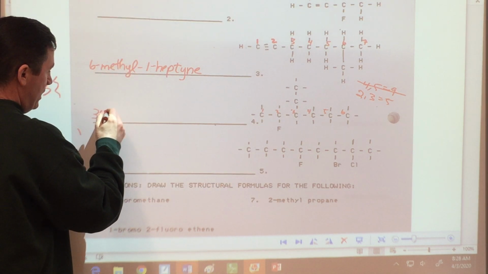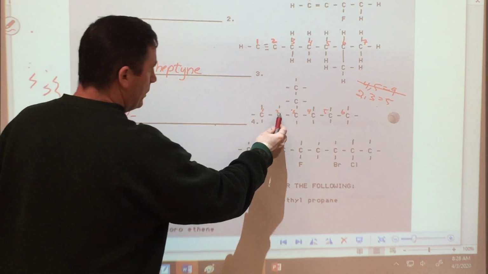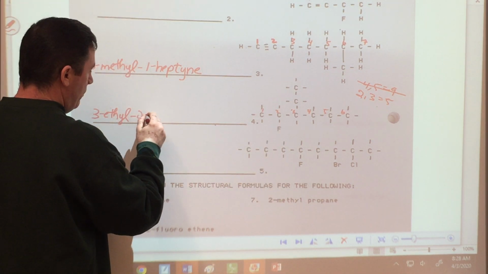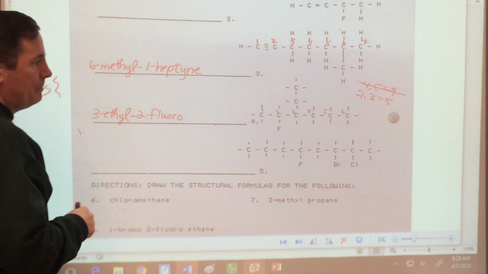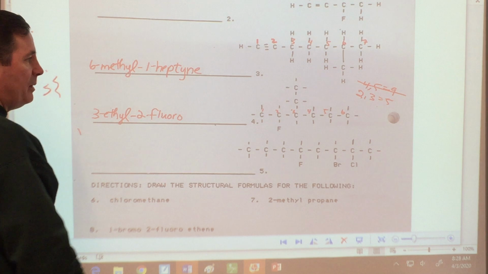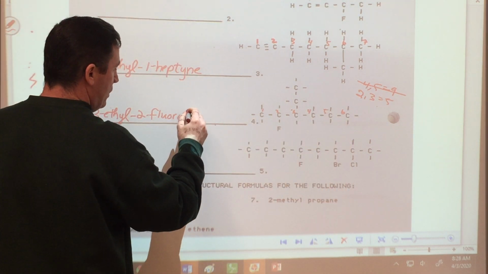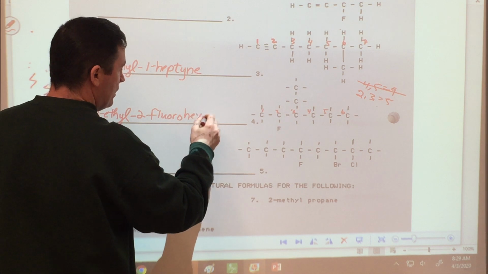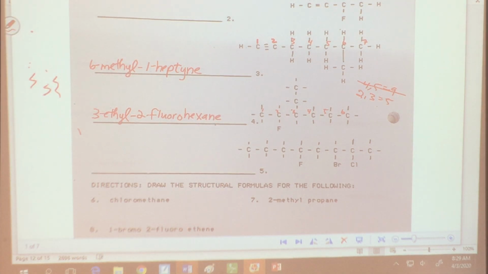So this is 3-ethyl, 2-fluoro, and any double bonds? No triple bonds or double bonds, so this is an ane and 6. So hexane. 3-ethyl, 2-fluorohexane. Okay, good so far?